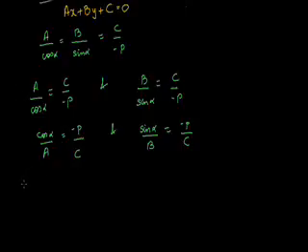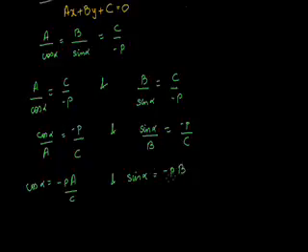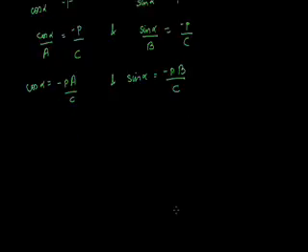Further to this, multiplying both sides by a, I can say that minus p into a upon c is equal to cos alpha, and for sin alpha, multiplying both sides by b, I can say that minus p into b upon c is equal to sin alpha.